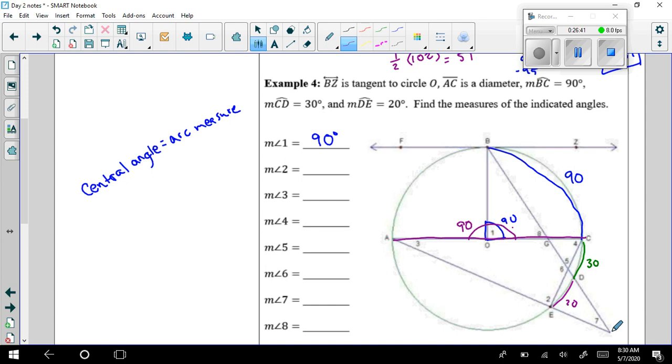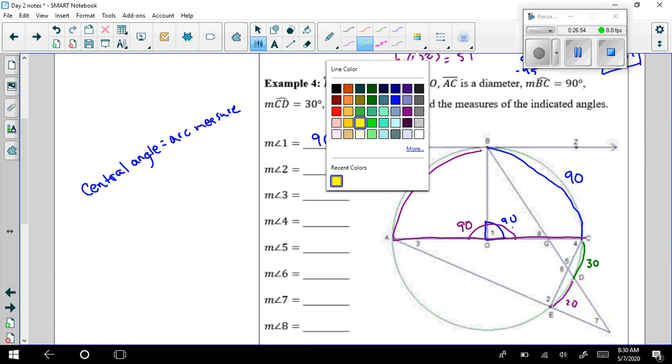So remember, inscribed angles are half their intercepted arc. So for example, since we know that A to B is 90, we can use the fact that, I thought we had an angle that was inscribed there. We don't.